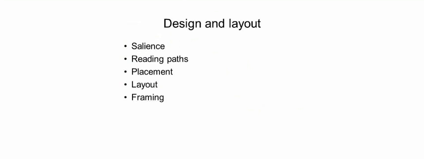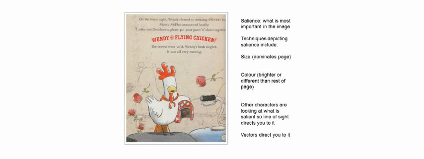Design and layout. Let's look at some aspects of compositional meaning, of how the text is organised and arranged. Salience is what is most important, what is given most prominence. And in this case it would be red.